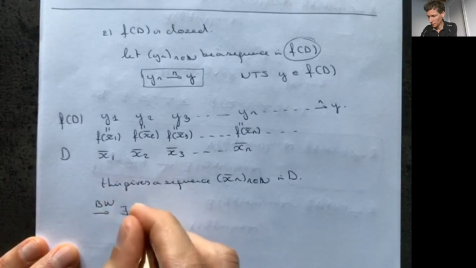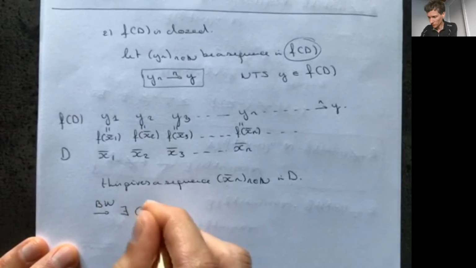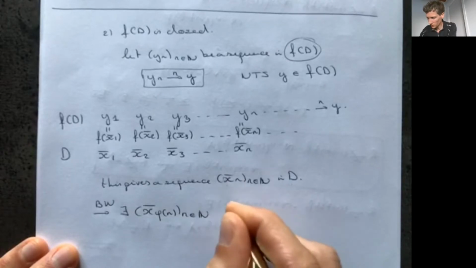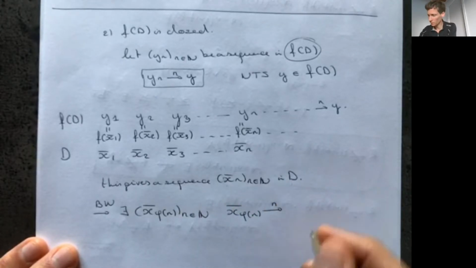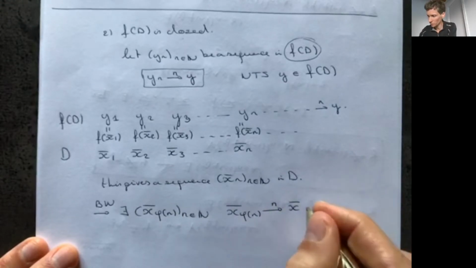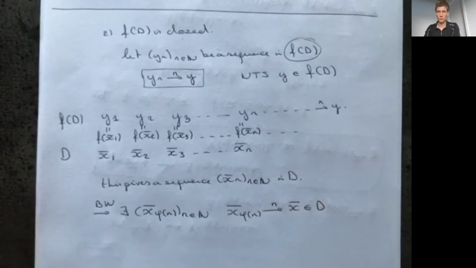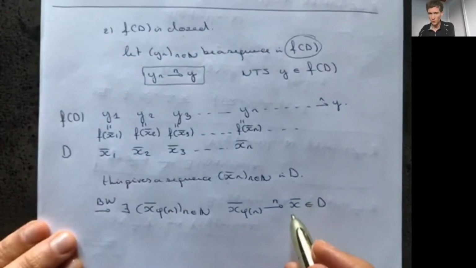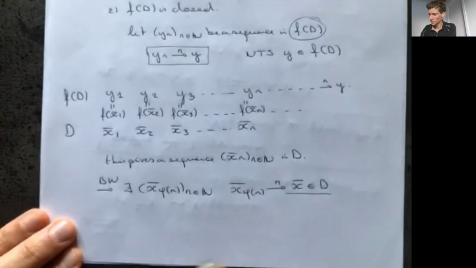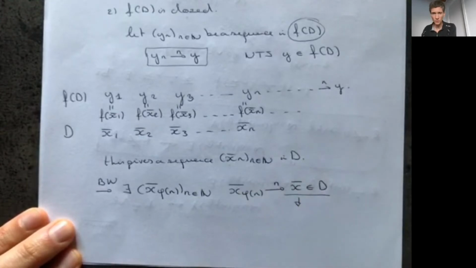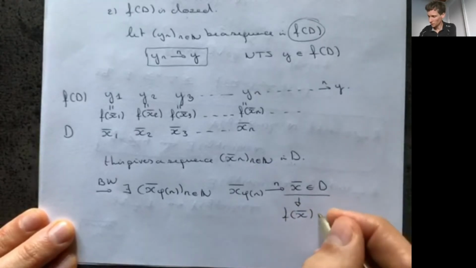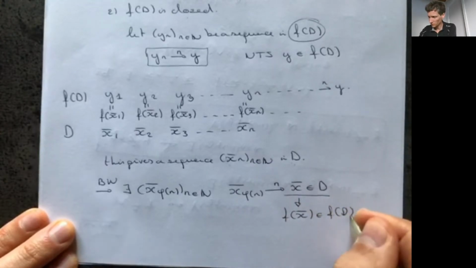So there exists a convergent subsequence x_phi(n) such that x_phi(n) converges to some vector, call it x, and because D is compact, so it's also closed, we have that this is also in the domain. So this limiting element is in the domain. If it's in the domain, well then we know it has a function value which we call f of x. Okay, and f of x is in the range.